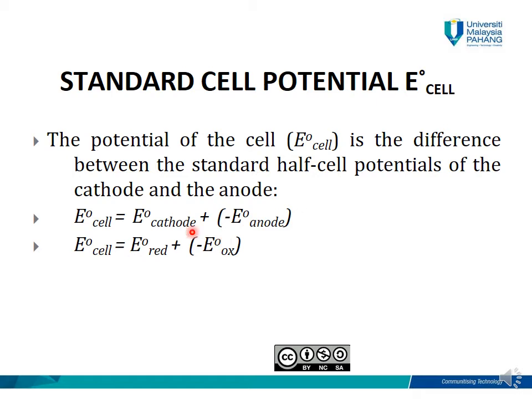You need to know that at the cathode a reduction always occurs, whereas at the anode an oxidation process always occurs. So this is just the difference when you want to use it in calculation, whether you refer to the cathode, the electrodes, or the process. It depends on you.